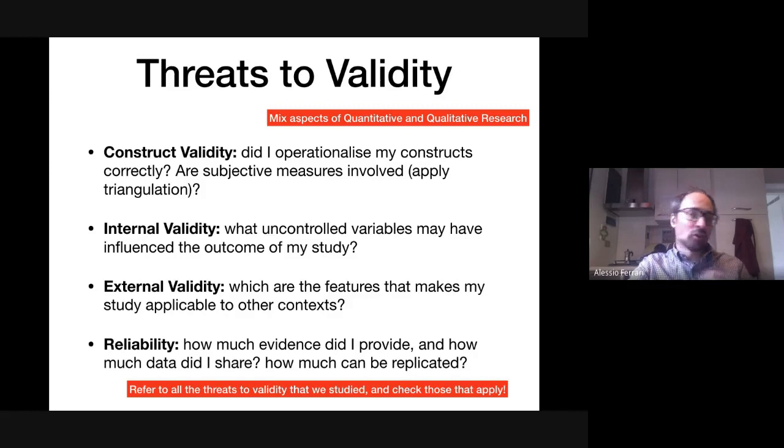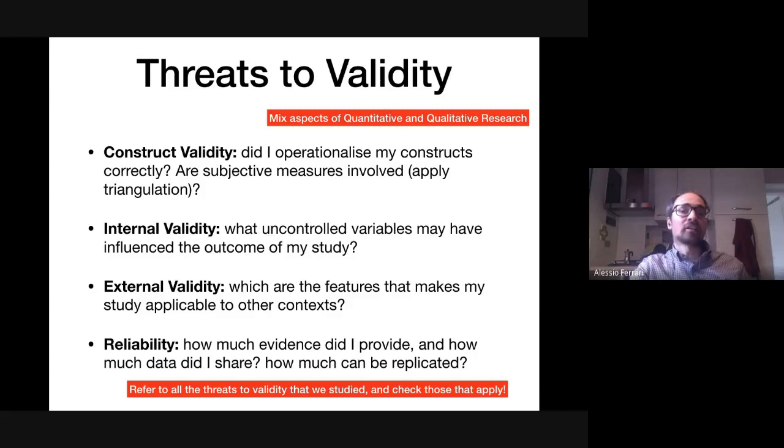Okay, so construct validity is related, as I already mentioned, to the extent to which I operationalize my constructs in a correct way. So how sound is the link between constructs and measures? Are there subjective measures involved?